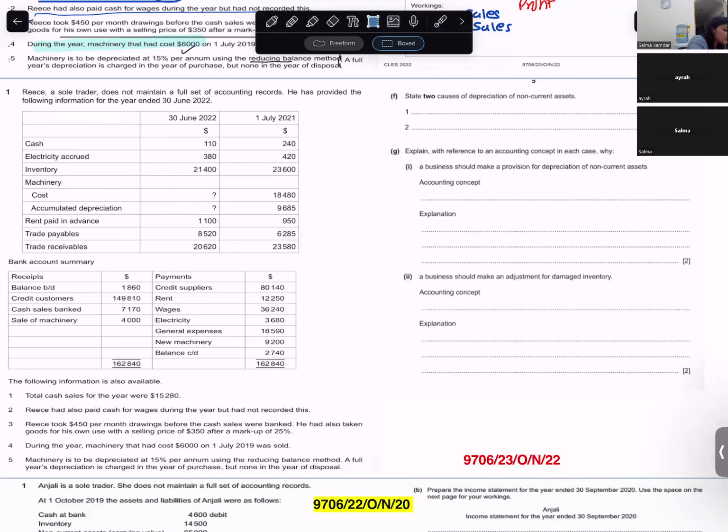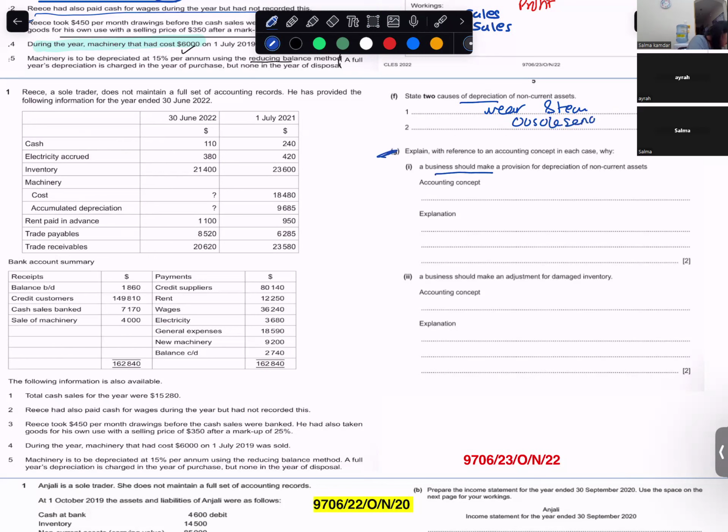Can you give me two causes of depreciation of non-current assets? Wear and tear and technological change. Okay, wear and tear, obsolescence, technological changes, anything you can say. Can you read the question?